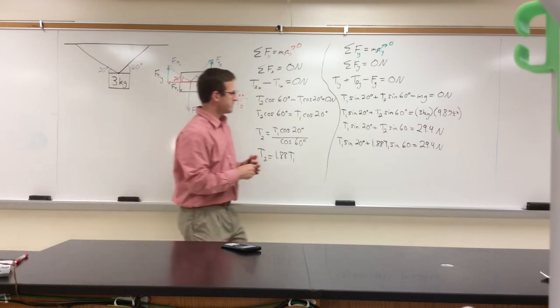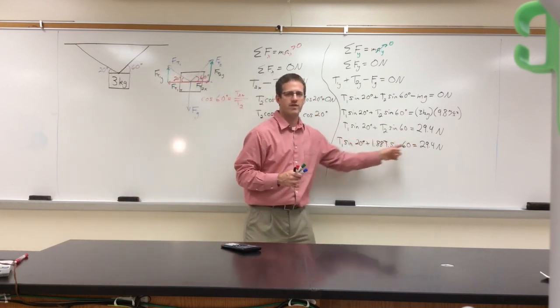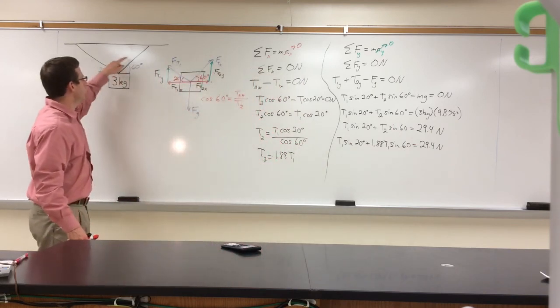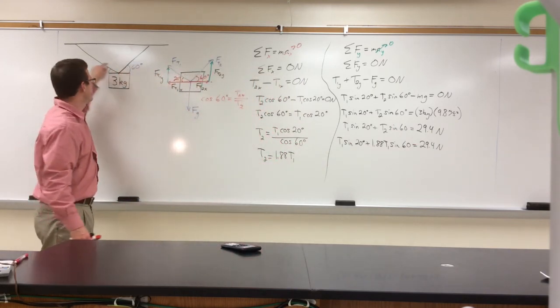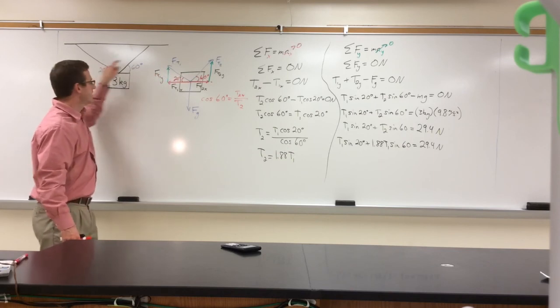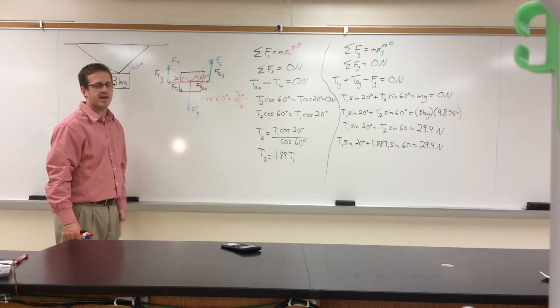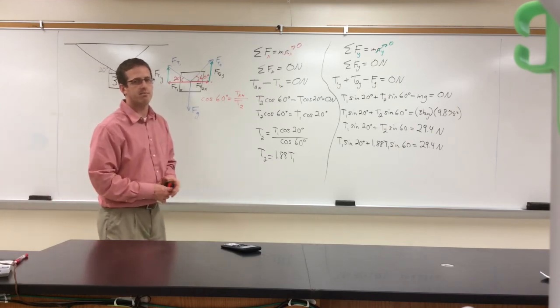Now, at this point, you've got one unknown. You plug everything in. You solve for T1. You can go back to your beginning then. You can say, I know what the tension in these 2 ropes is. This one will be T1. This tension will be T2. And you'll have 2 numerical values. I'm going to leave that for you to solve and again put on the Google form.